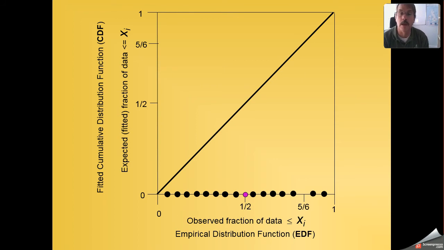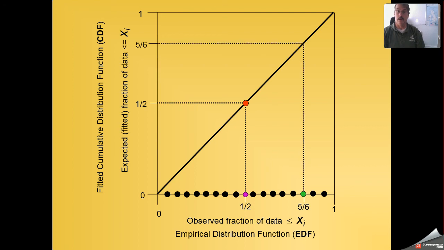Now then, let's look at how these data would appear if we made a QQ plot of them. Well, there are these 3 mileposts for our data. Half lived in that first interval, 5/6 in the first 2 intervals, and 100% in the first 3 intervals. So in those 3 instances, our point would land on the 45-degree line where it belongs.